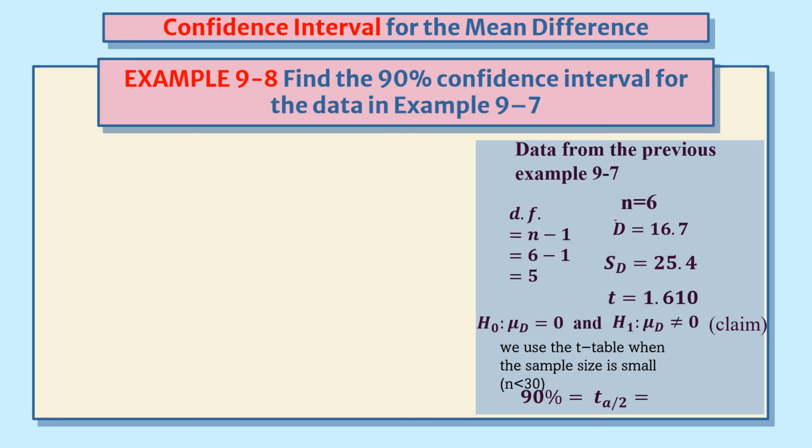We have the degrees of freedom 5, D bar is 16.7, S sub D is 25.4, and the test value is 1.610. And in our given problem we have a 90% confidence interval. So we look for the t sub alpha over 2.